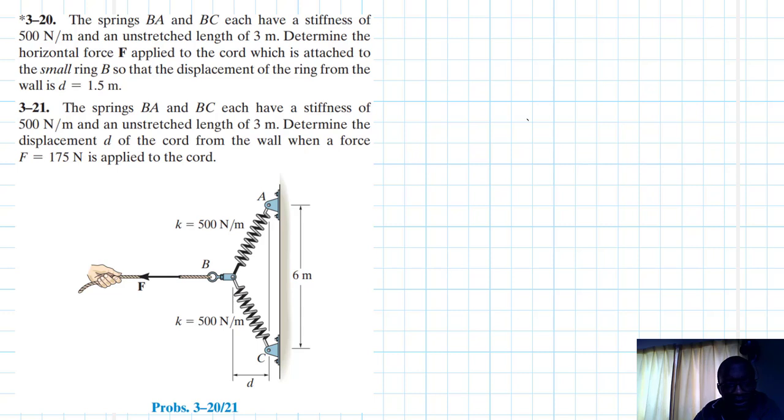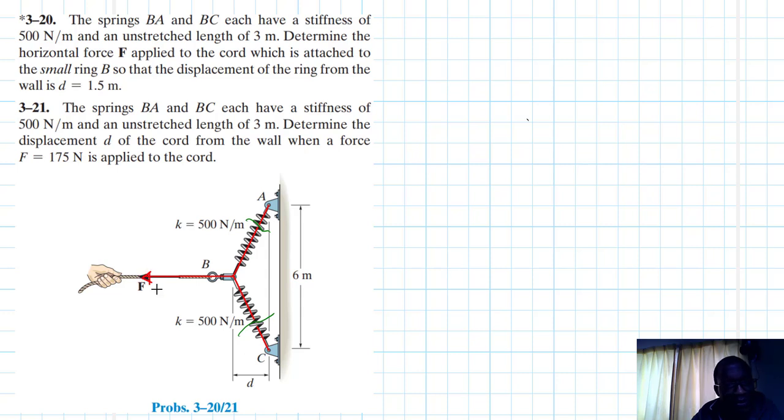Alright, so first things first, let's draw the free body diagram. Let's do a section. Imagine we cut the spring there, and then once we've done so, we expect a spring force like so, like so, like so, and like so.